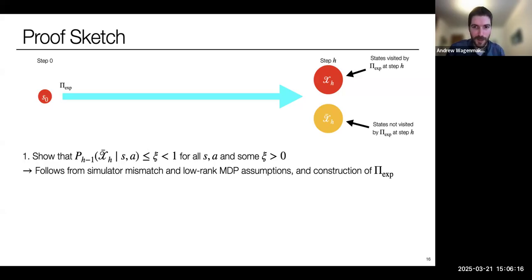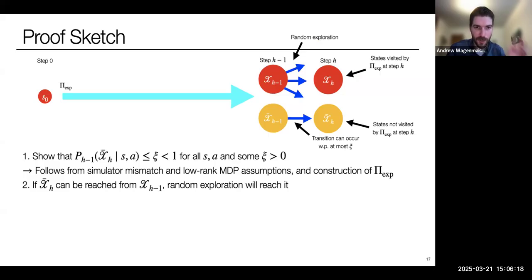Well, what we're going to do now is back up basically one step. So let's now think about rolling in to the states at step h minus 1. We denote x h minus 1 and x bar of h minus 1 the same as x h and x bar of h. What we'll do is roll into this set with pi exp, and then we explore randomly. By randomly, all I mean is that once you get to step h minus 1, just play actions randomly.